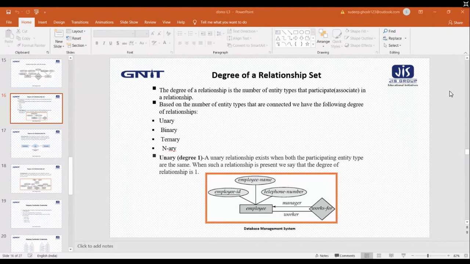To signify one, we give an arrow, a directed line, and to represent the many side we don't give an arrow sign, only an undirected line. So here direction is given on both sides. That means a customer has only one loan account, and a loan account belongs to only one customer.